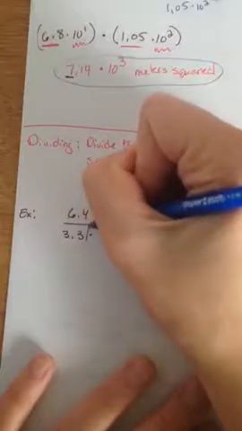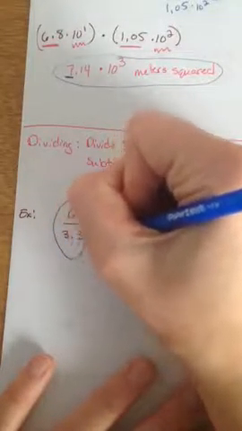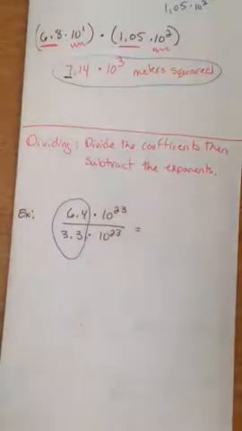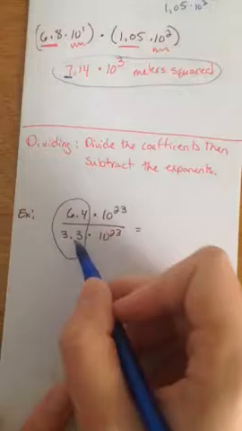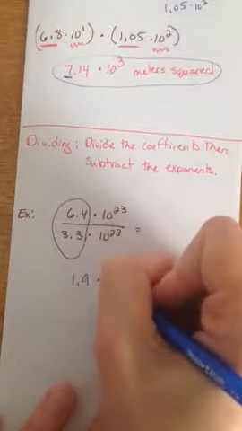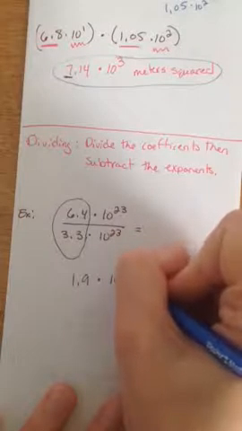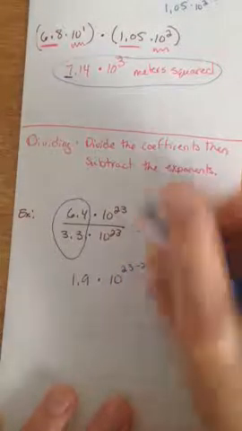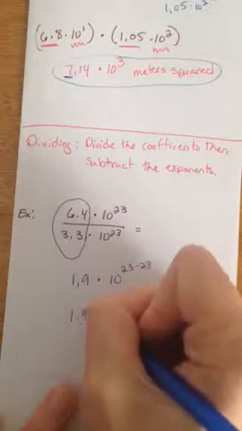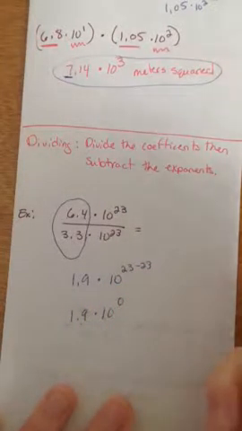I look at just my regular old-fashioned numbers, the coefficients. So 6.4 divided by 3.3. This would be where, again, I would pop my calculator out. 6.4 divided by 3.3 is 1.9, times 10 to the 23 minus 23, because I subtract my exponents, which would be 1.9 times 10 to the 0.